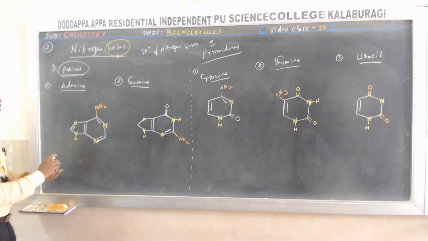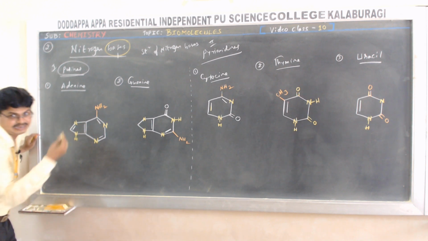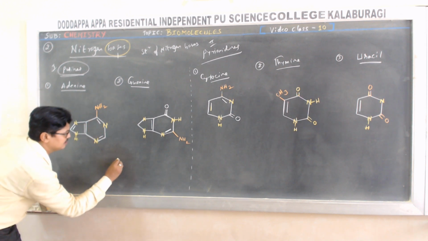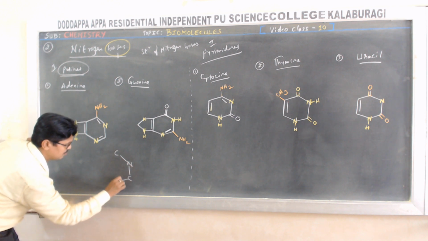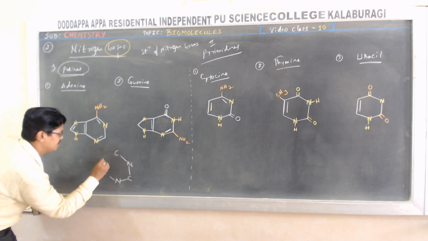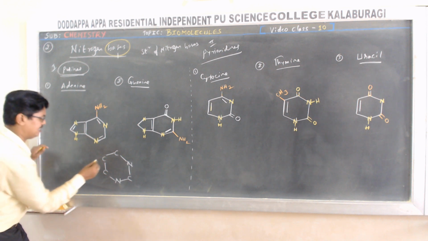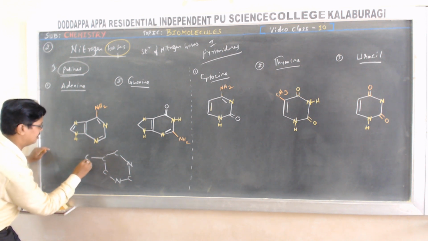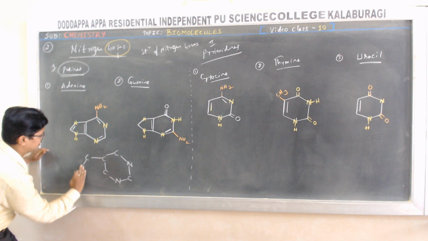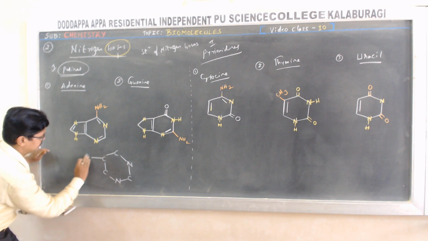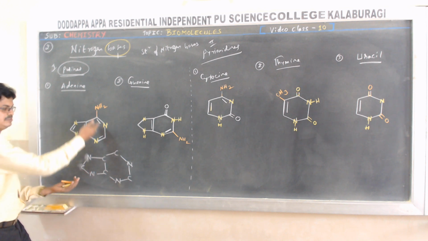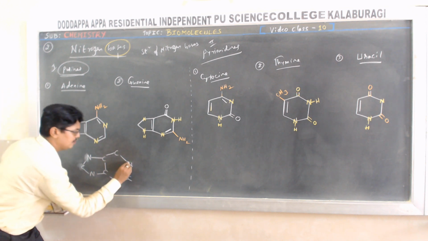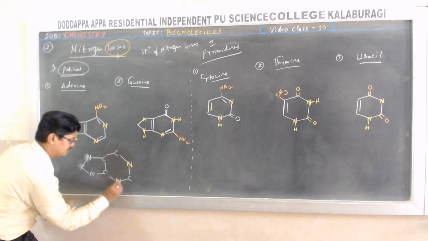While writing the structure, you can write like this also. Alternate nitrogen, you have to show carbon, carbon like this. Then followed by carbon, nitrogen, carbon. Same structure I am writing here. Look at now, heterocyclic compound.